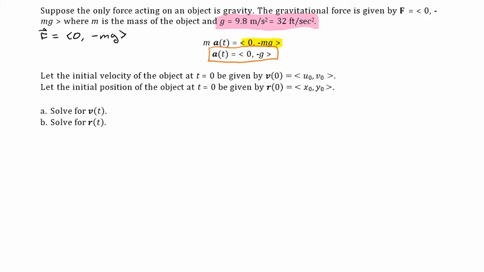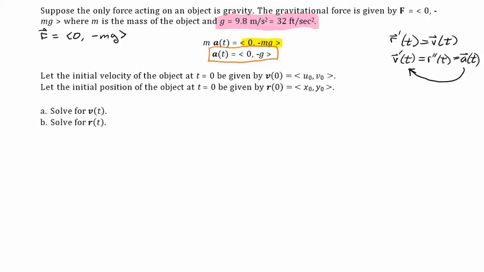Can you feel it? Remember that if we have the derivative of the position vector, we get the velocity vector. If we have the derivative of the velocity vector, or the second derivative of the position vector, we get the acceleration vector. So if I'm given the acceleration vector and I want to find the velocity vector, that's right, we're going to take the integral.